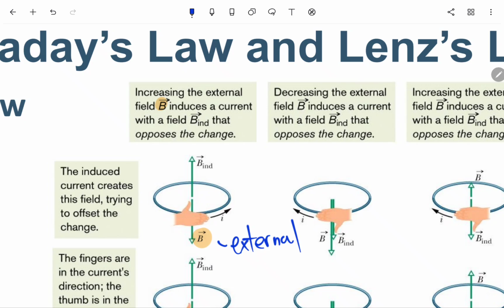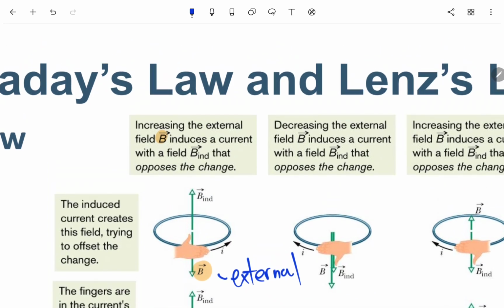And if we don't change the B field, we won't have this B induced. As long as this B field is changing, we will get this one, according to Faraday's law. So here it says increasing the external B field induces a current with a field B induced that opposes the change.